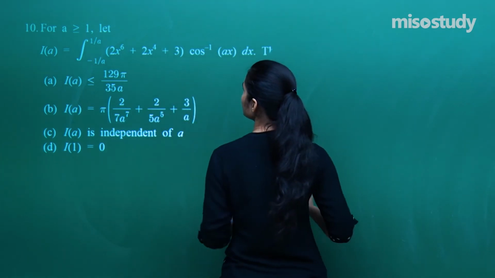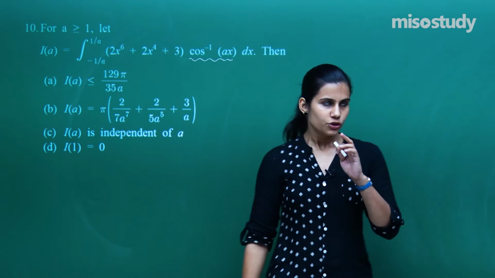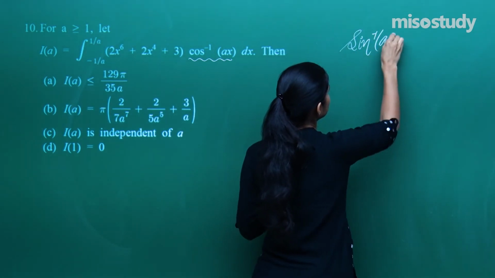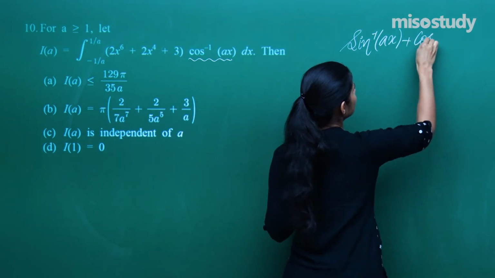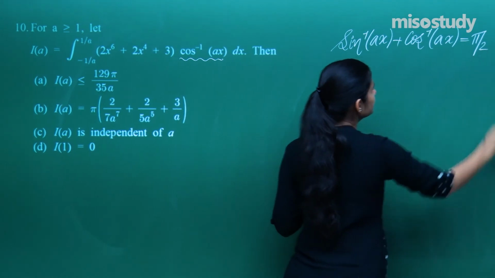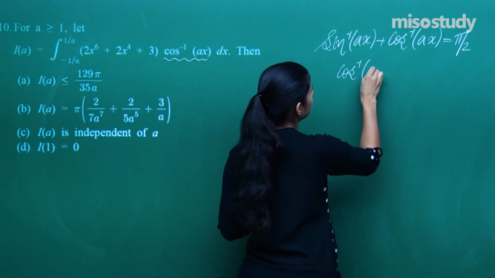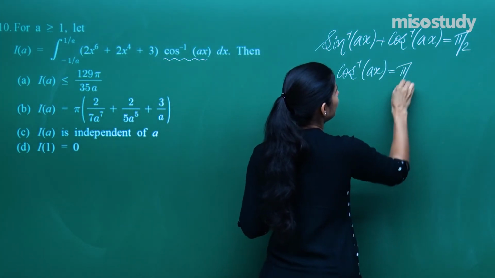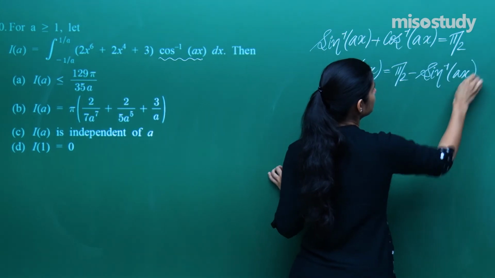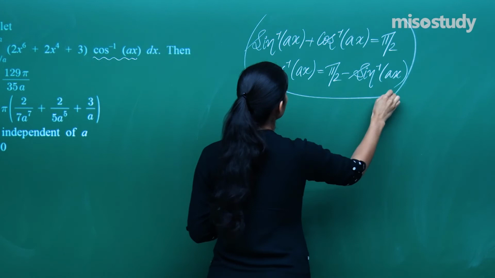Now, if I talk about this integral I of a, here you can see is cos inverse of ax. You already know that sine inverse ax plus cos inverse ax is pi by 2. So cos inverse ax is pi by 2 minus sine inverse ax. So I can use this to actually simplify my given integral.